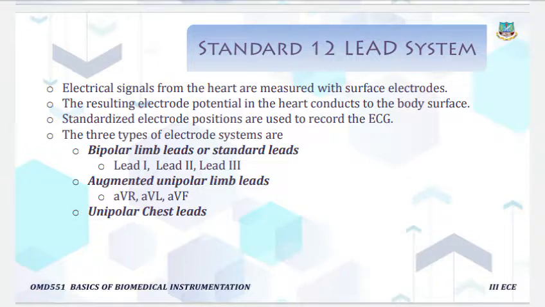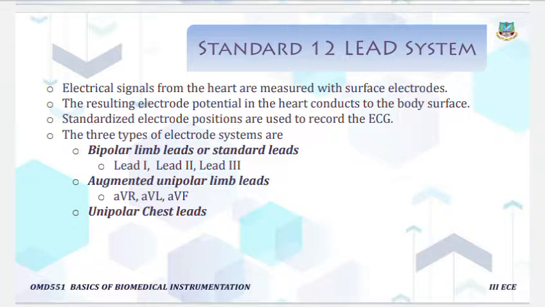The resulting voltage in the heart is conducted to the body surface, using this surface electrode, and then goes for measurement. So standardized electrode positions are used to record the ECG. We will study these positions in the next slide.